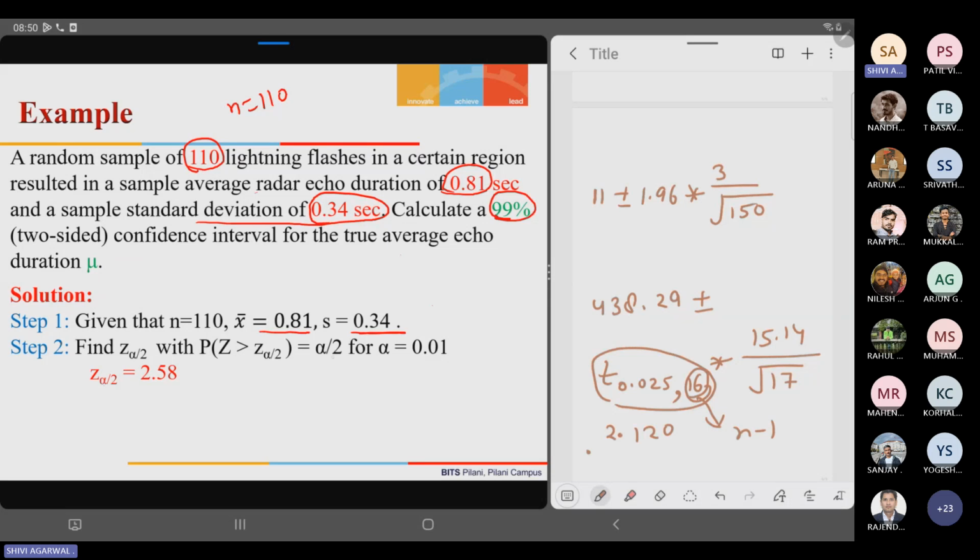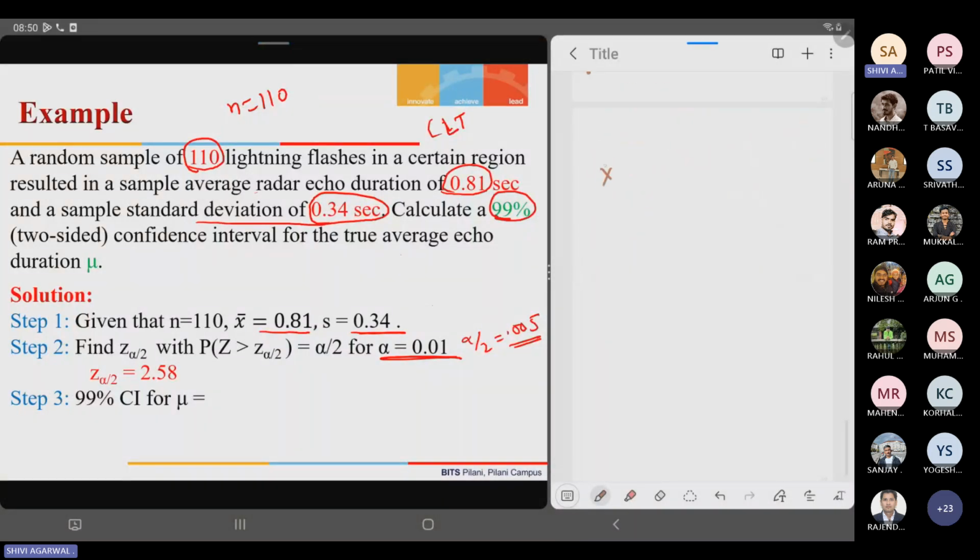For 99%, alpha is equal to 0.01, and alpha by 2 is 0.005. The central limit theorem we can apply when n is greater than 30 with sigma known, and greater than 40 when sigma is unknown. So the 99% confidence interval for mu is X bar plus minus Z alpha by 2 S upon root n.